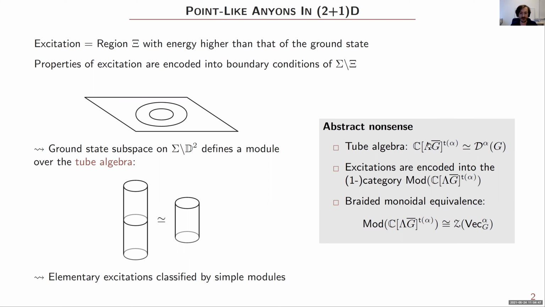The excitations are then organized into a category, which is the category of modules over this algebra, essentially the representations if you want. And it satisfies a well-known equivalence. Indeed, this category is equivalent to the Drinfeld center of another category. And this latter category can be thought of as the input of the model.